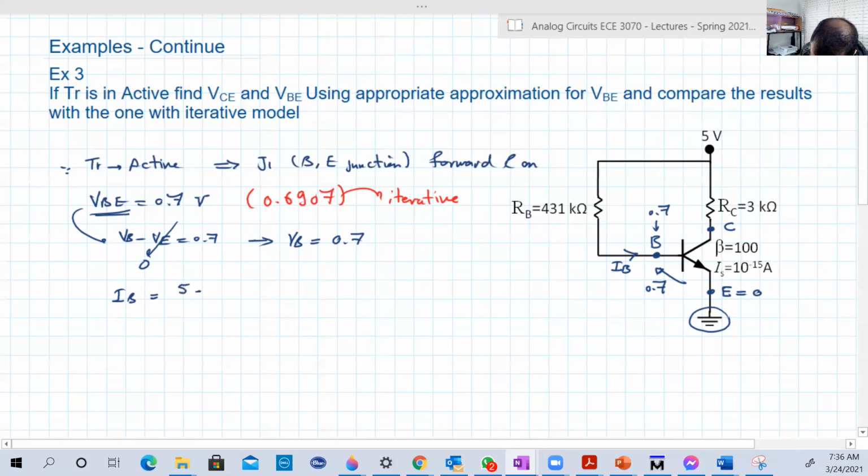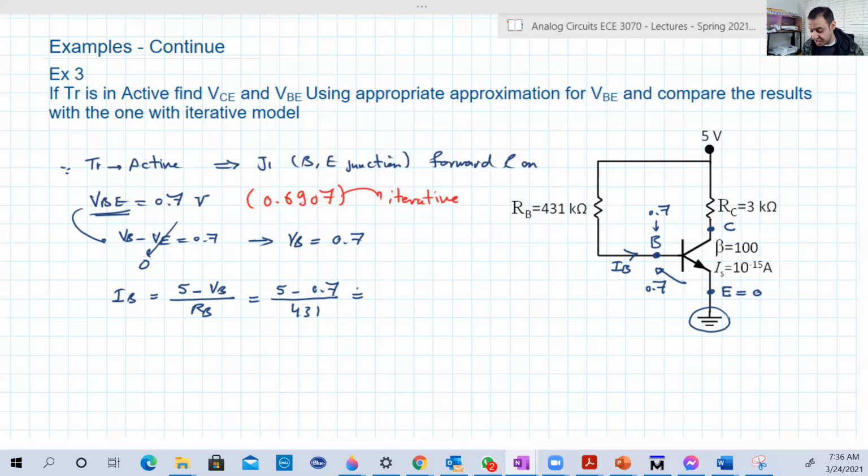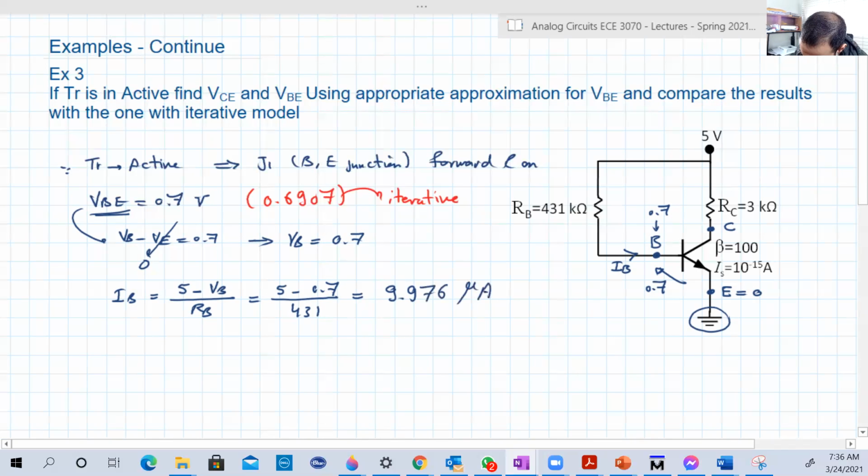So it's 5 minus VB over RB, so 5 minus 0.7 over 431 kilo ohms. Usually IB is really small, so you will find this is the case all the time. This gives us 9.976 microamperes.